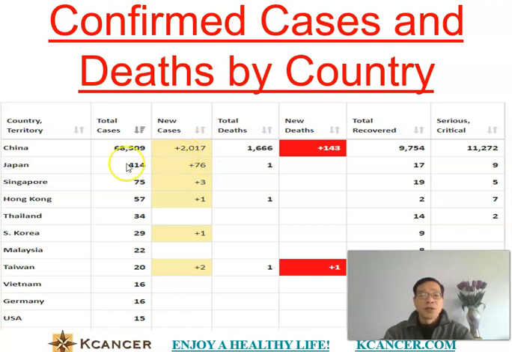The worrisome thing here is the increase in Japan, Singapore, and Hong Kong, the surrounding places where Chinese people travel more, especially Japan. Today they have an increase of 76 cases, and now they have identified 414 cases.